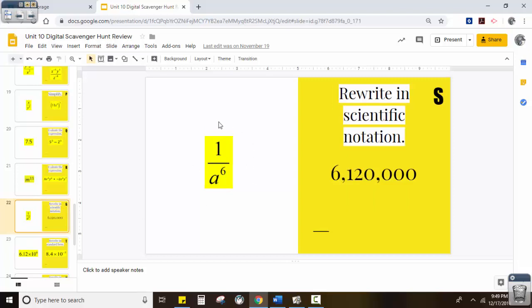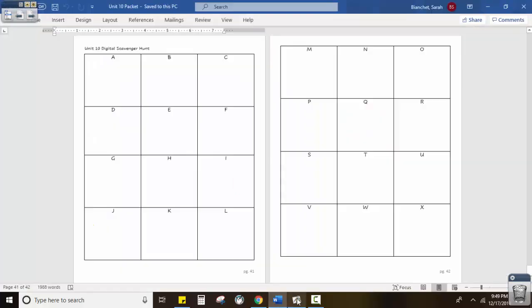So I see the answer that I supposedly got, 1 over a to the sixth. What that brought me to was problem S. So now I see on S, it says rewrite in scientific notation 6,120,000. So I'm going to go back to my paper.